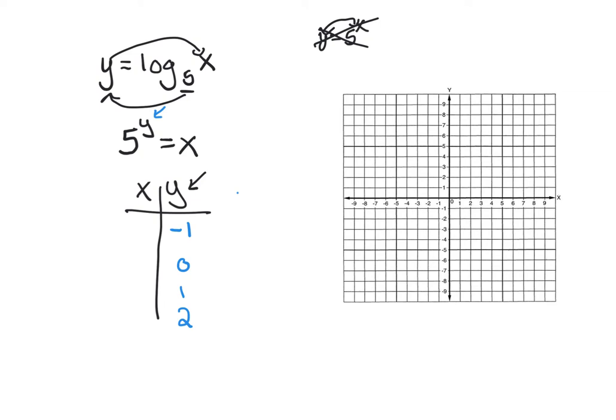All right, so 5 to the power of -1 is 1/5, or 0.2. 5 to the power of 0 is 1. 5 to the power of 1 is 5. 5 squared is 25, so that's going to go way off our graph, but we can graph these ones.